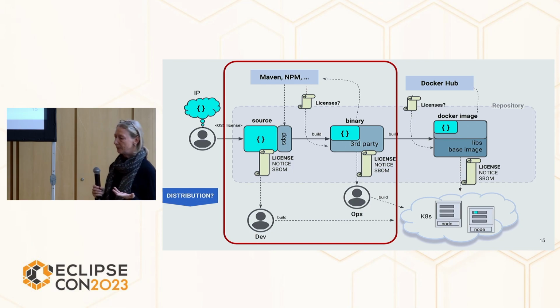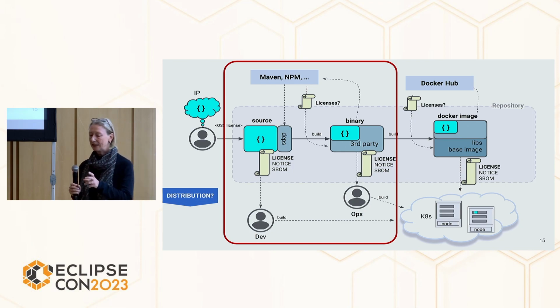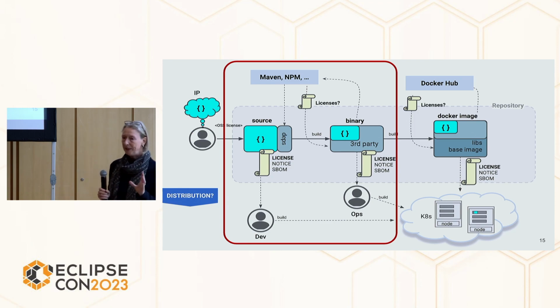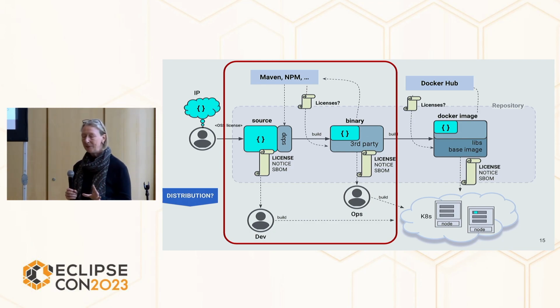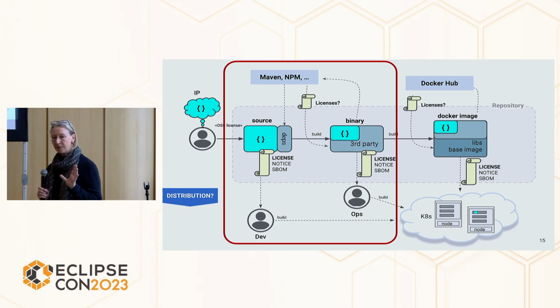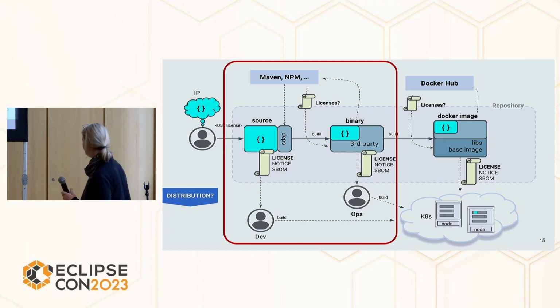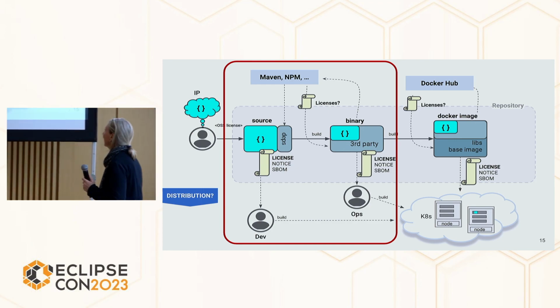You can also configure Dependabot to directly create a pull request. So be careful to merge these pull requests. It's a great tool, a great help, but if you update a library, you first have to check if it's license compliant. That's what it boils down to all the time.